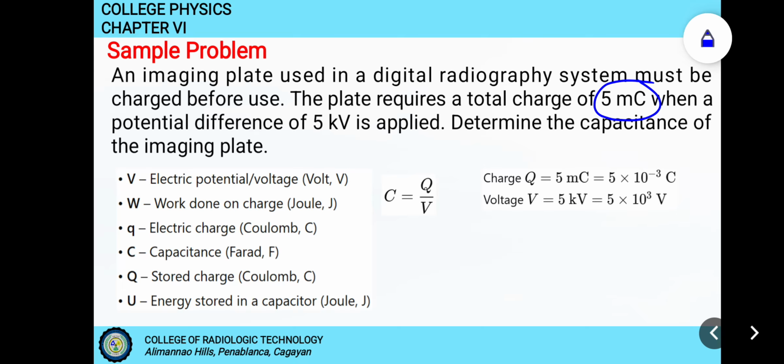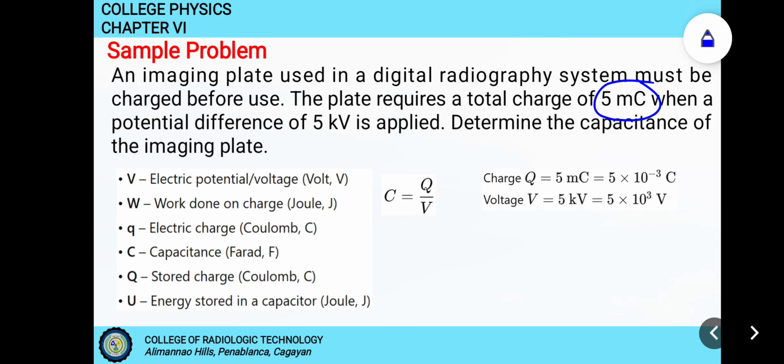Take note that our charge, or Q, is in microcoulomb. And take note, class, that 1 kilovolt is equal to 1,000 volt.